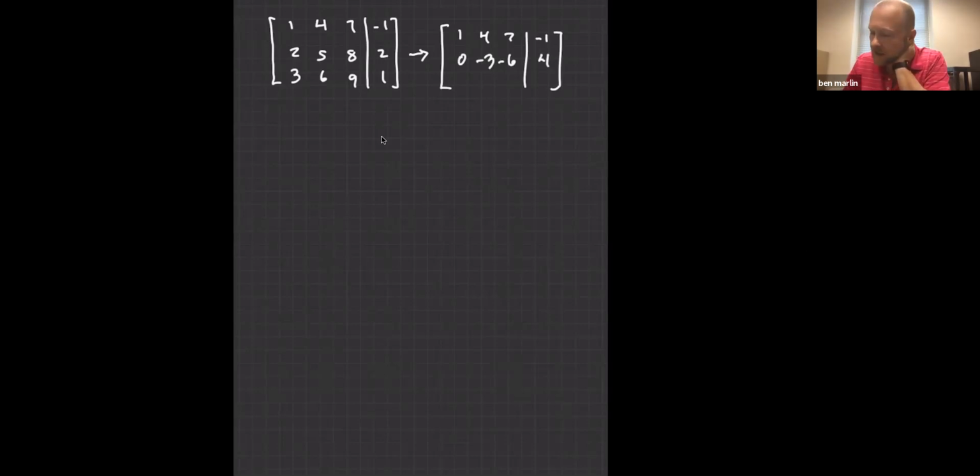Okay, and then we subtract 3 times on the bottom row, and for that we get a 0 and 6 minus 3 times 4, so -6, I'm sorry, 9 minus 3 times 4, so -12, and then 1 minus 3 times -1, so 1 plus 3 is 4.